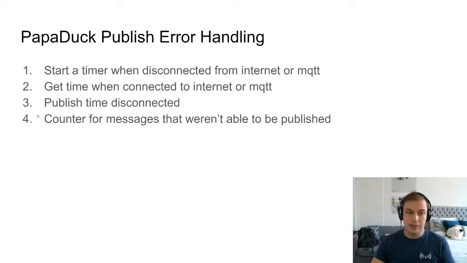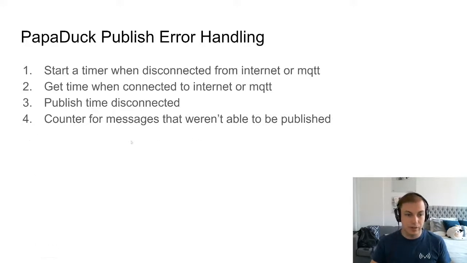This is going to help us a lot when testing, to understand: are we losing packets because there are issues in the mesh network, or are we having connectivity issues with the Papa Duck? That will help us in the future figure out where we need to put our coding efforts.